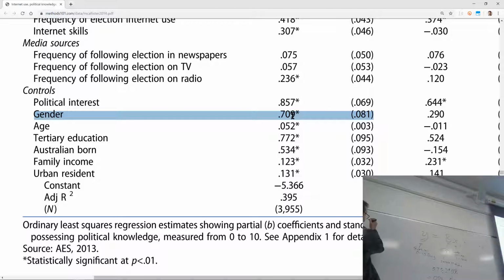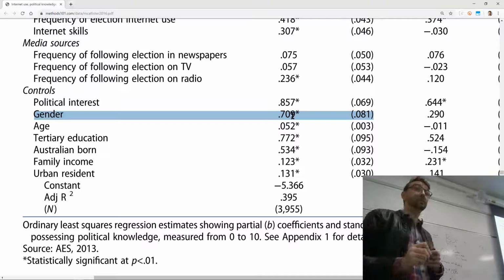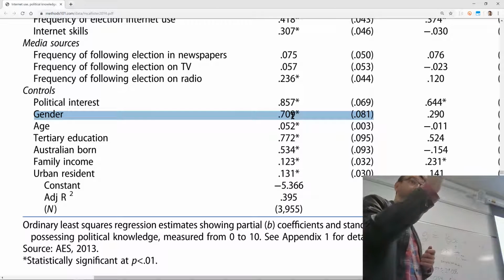So our 95% confidence interval for the effect of gender on that quiz is 0.54 to 0.86. That's how we would express it. Good?